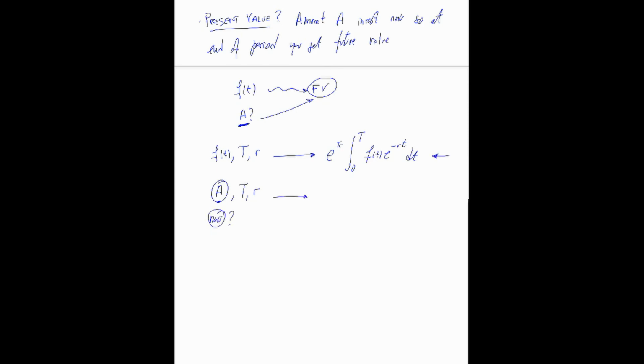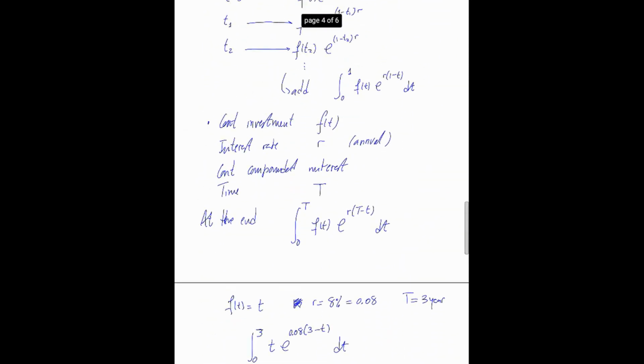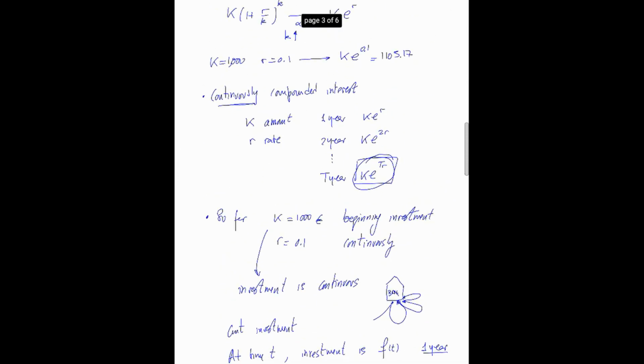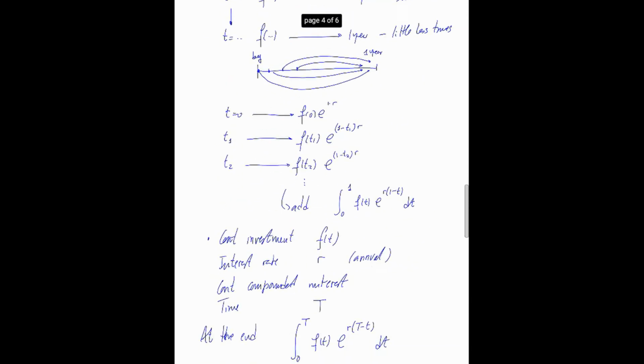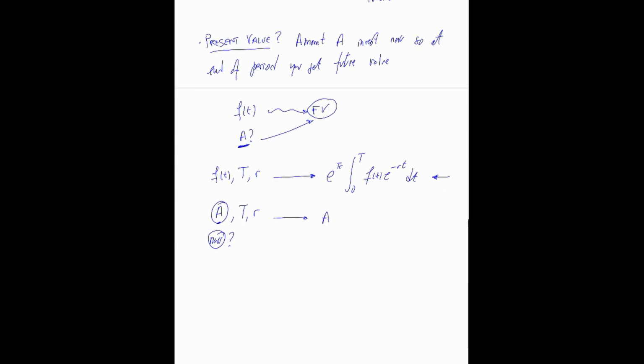This formula was done here. It was K, but I'm calling it A, doesn't matter. K, A is the same thing. So here is A times e to the tr. So these two things have to be equal. So A e to the tr is equal to e to the tr times this integral.